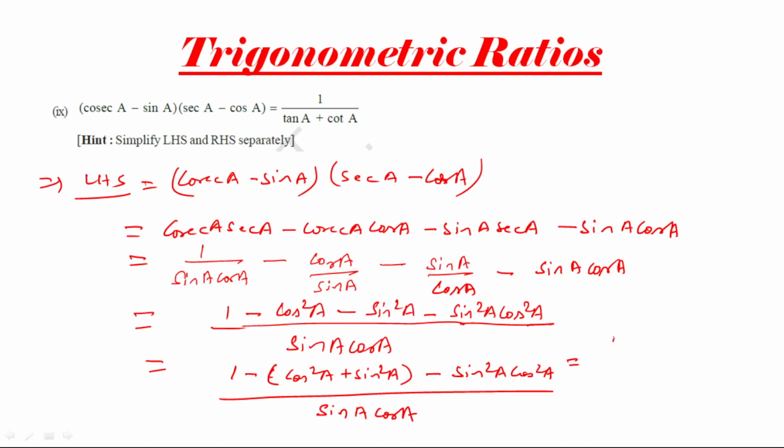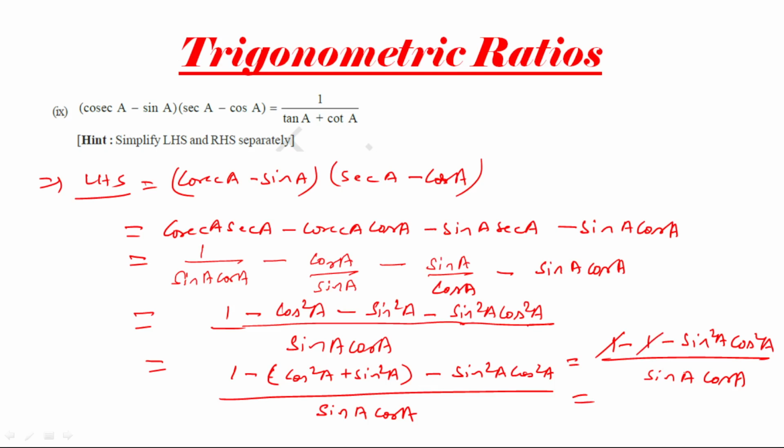So 1 minus 1, and minus sin square A cos square A divided by sin A cos A. So this 1 minus 1 will get cancelled.